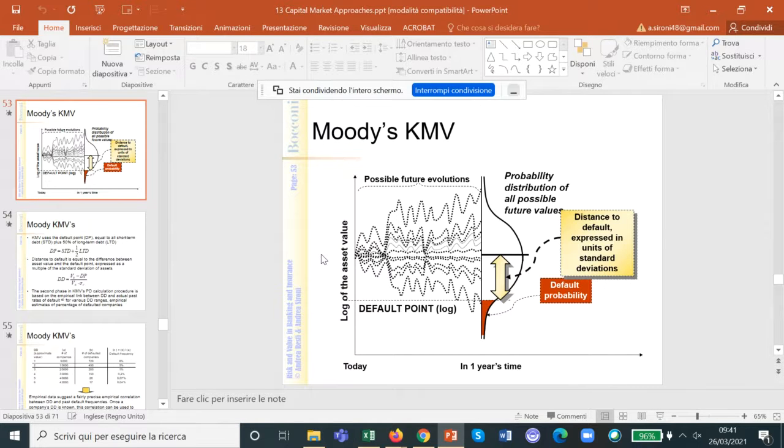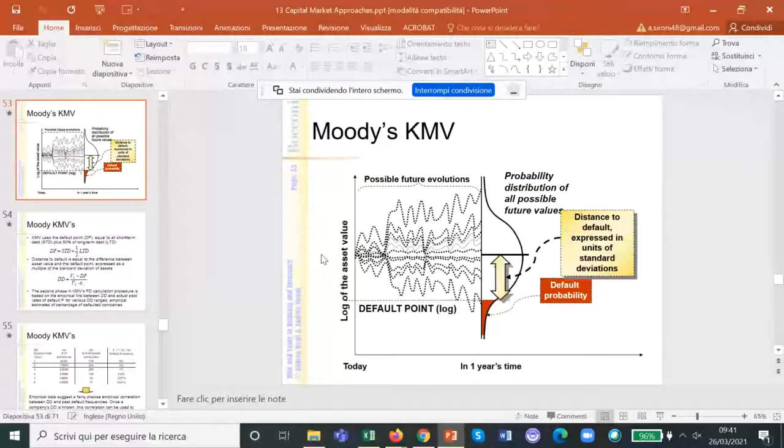But it's not necessarily true for the long-term debt, because we have a long time before maturity. So for simplicity, the KMV model takes as default point the total amount of short-term debt plus 50% of the long-term debt. Okay.